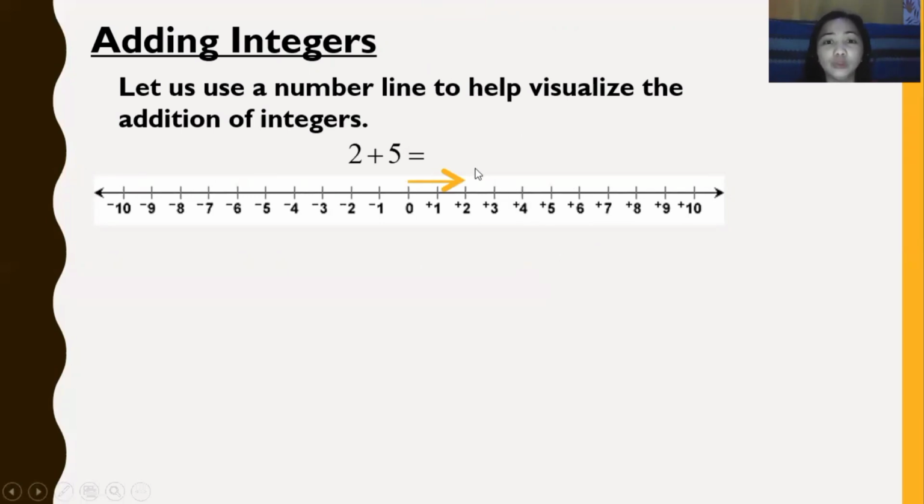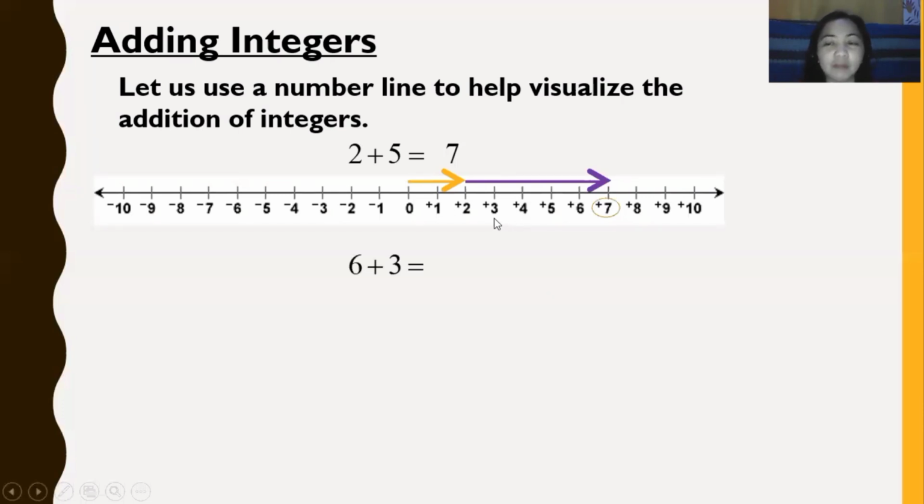We need to count 5 units from this positive 2 up to 5 units, and that is here. So let's see, we have 1, 2, 3, 4, 5 units, and that is positive 7. Therefore, positive 2 plus positive 5 is positive 7.